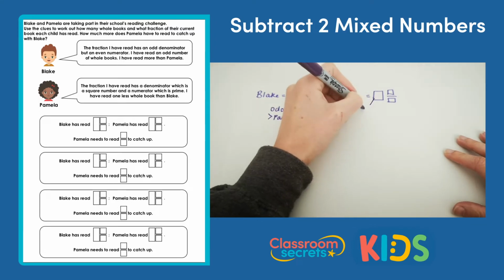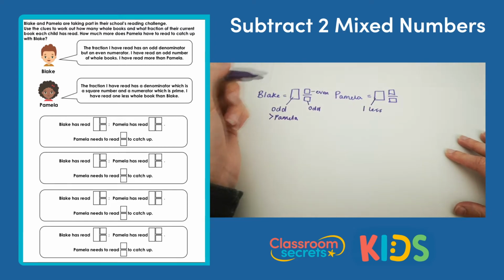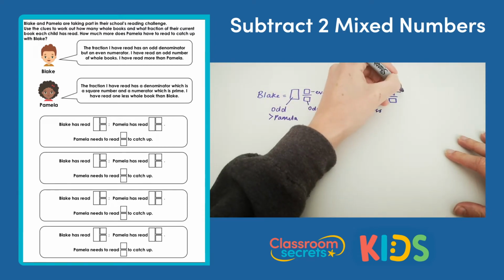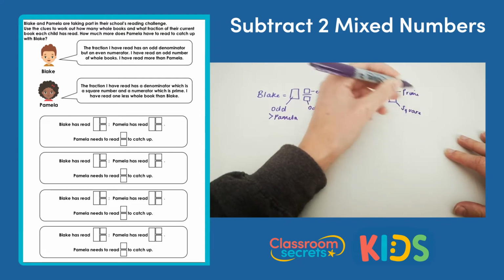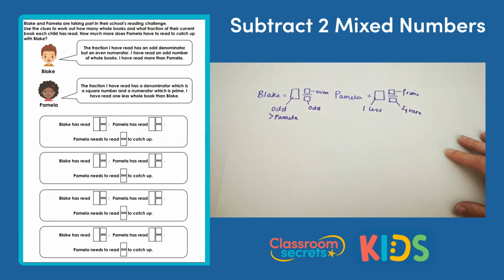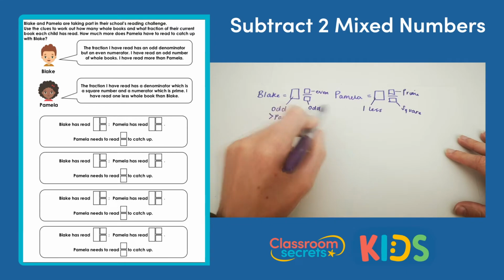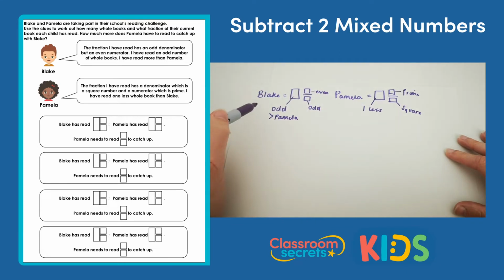Pamela has one less whole number than Blake. She has a prime numerator and a square number for her denominator. So let's come up with two mixed numbers that fit these criteria.